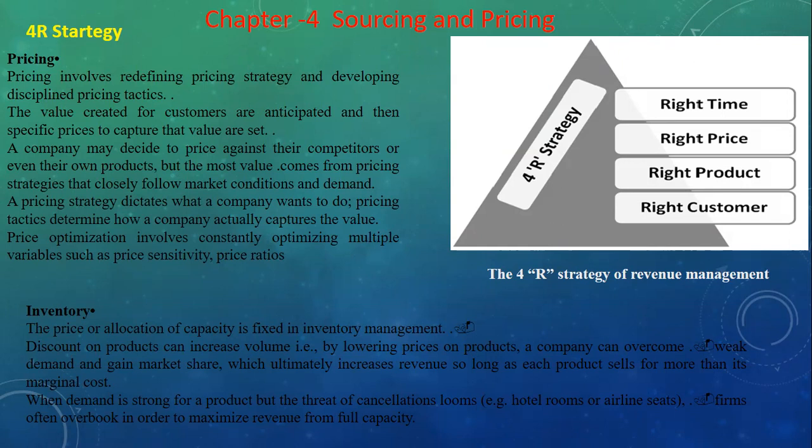When demand is strong for the product, the threat is that cancellation looms. Firms often overlook this in order to maximize revenue from the capacity. So you can understand that in managing the right time and right price, you need to understand what you can fix for the right price of the product, because some supply chain and warehousing factors are fixed, for paying charges regarding storing and all the supply management.